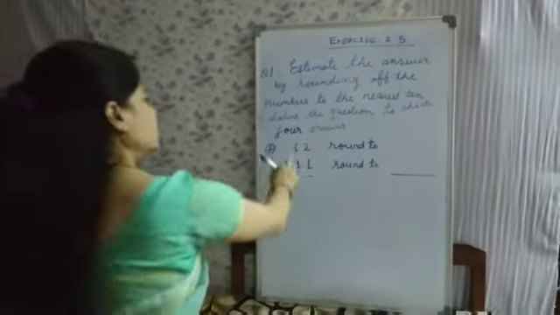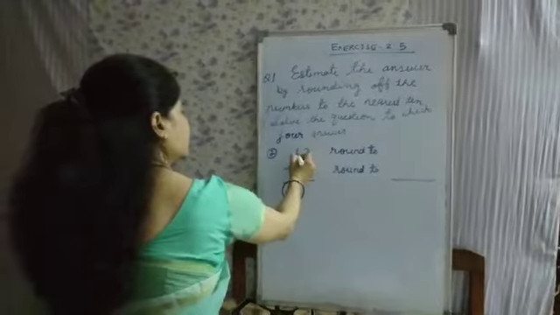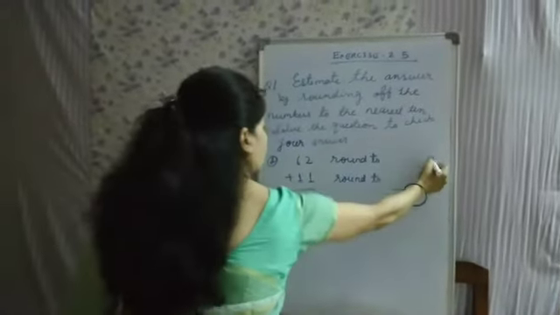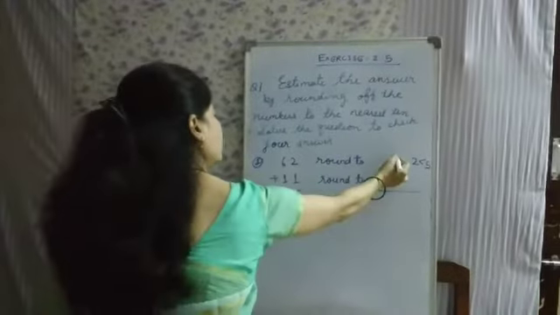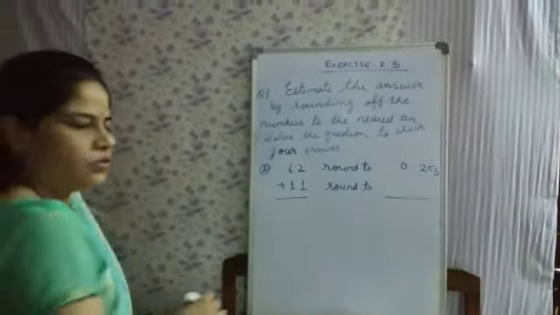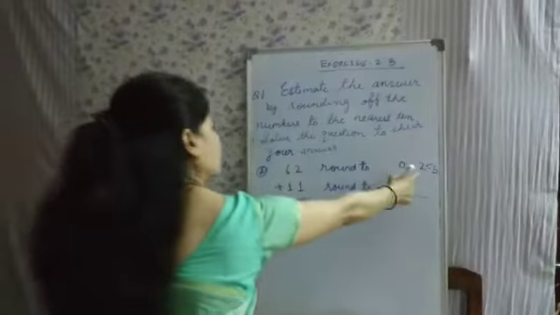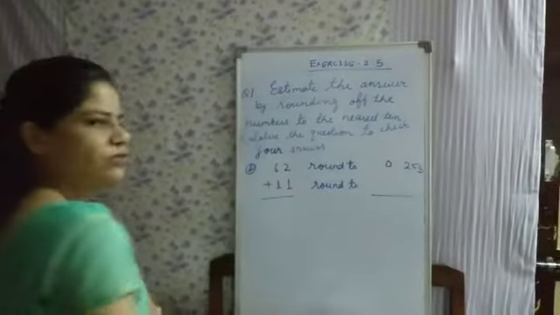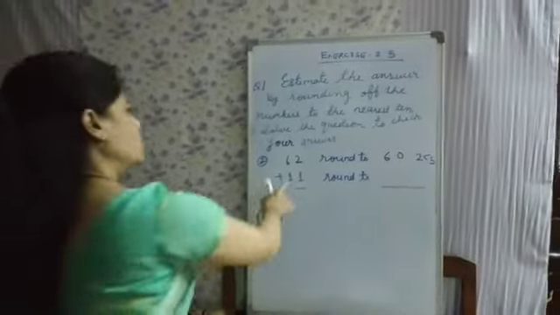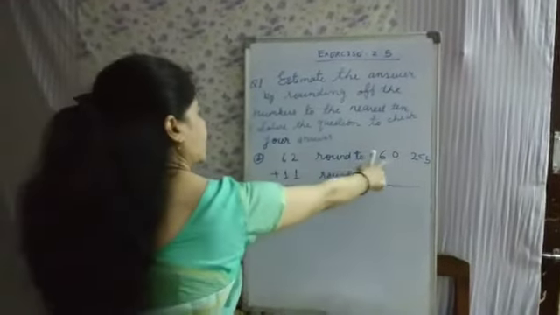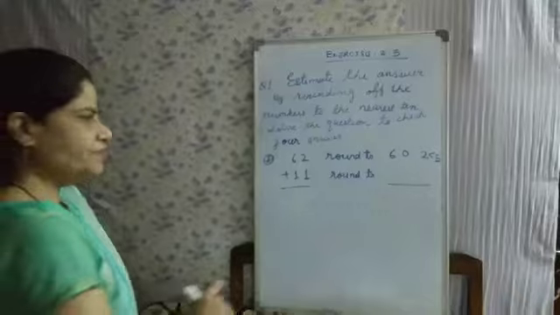Here in 62, the ones place digit is 2. 2 is less than 5. So write 0 at the place of 2, and since here 2 is less than 5, you have to write 6 as it is. So when you round off 62 to the nearest 10, you will get 60.